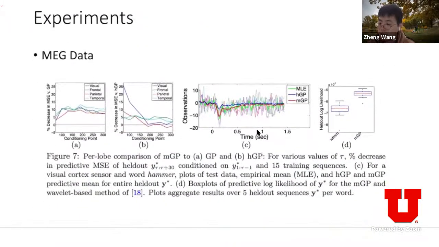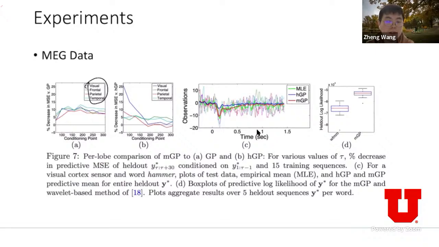And here is the real data result. Here the visual, frontal, this means different parts of our brain, because they have many sensors located on different parts of your brain.